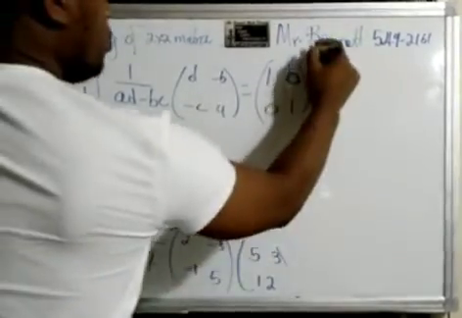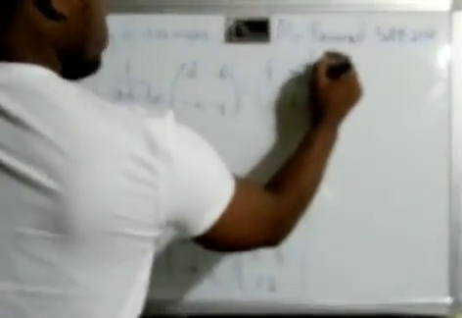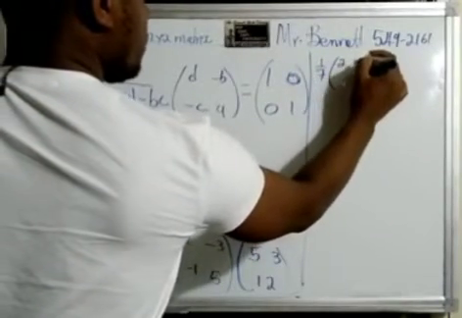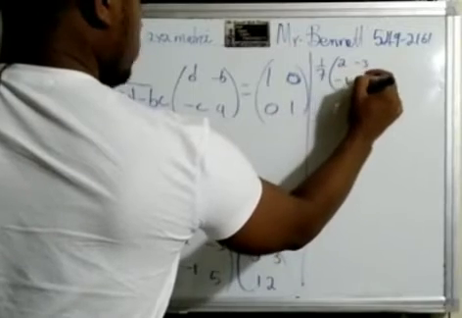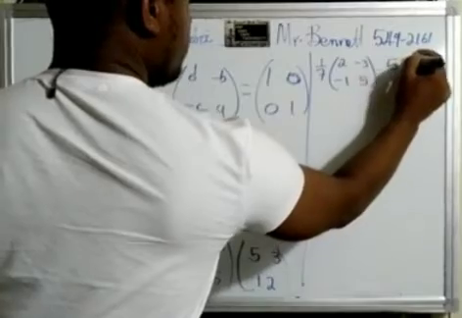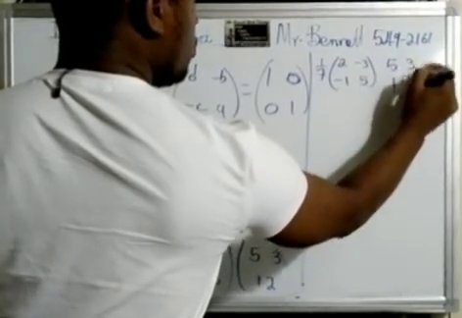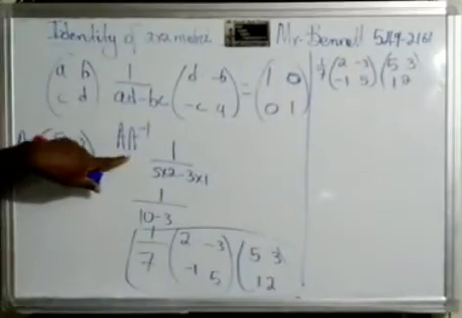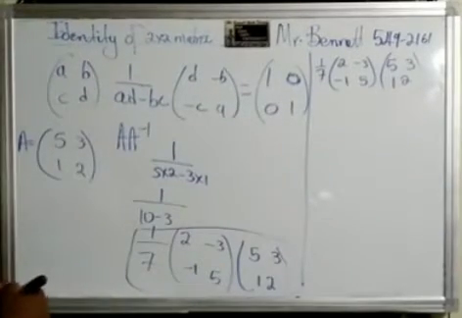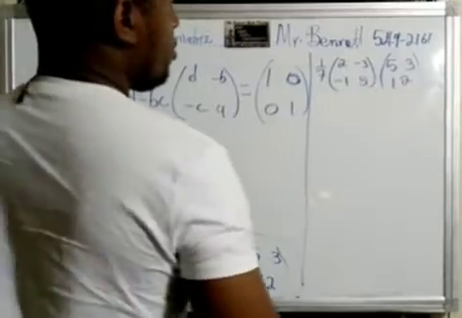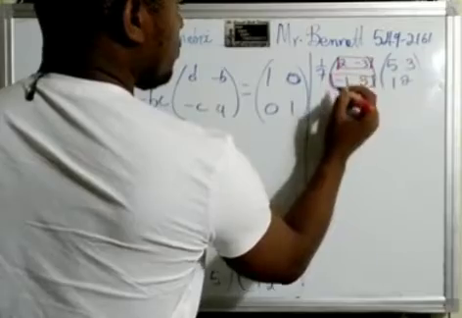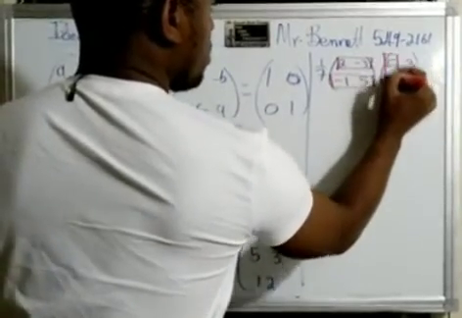Now let us look up here. So 1 over 7 times 2, negative 3, negative 1, 5, times 5, 3, 1, 2. Let us remember this is supposed to be in rows and this in columns.